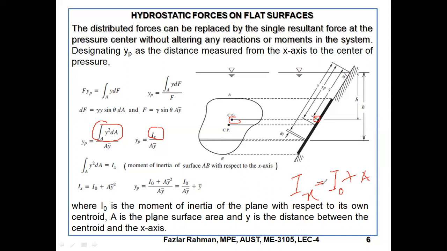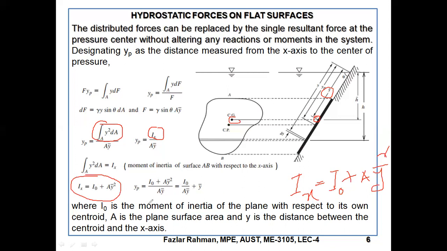What is my distance right over here? The CG distance is y bar. So I can say area into y bar whole square. That we put over here. This is I-x-x, and we know I-x-x equals this one. Now this I-x-x we put on the top. So we get Yp equal to I naught plus A y bar square, and at the bottom A y bar.